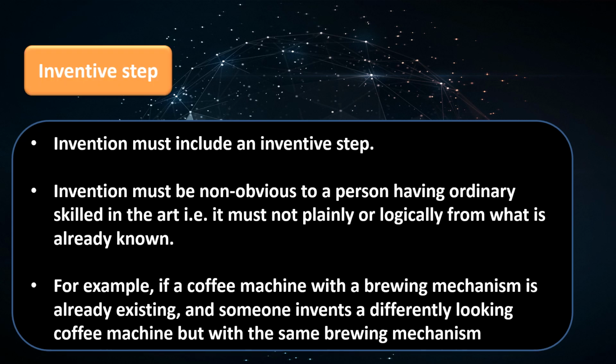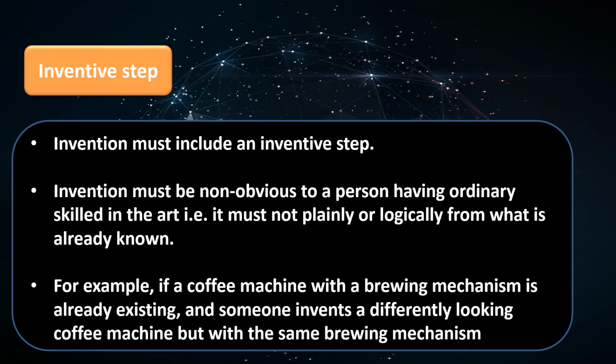The second point is inventive step. Inventive step means that the invention should not be obvious to a person who has ordinary skill in the art. What that means is, when an invention is considered by someone who possesses some skill in that specific domain, for example, we are talking about an automotive wheel.